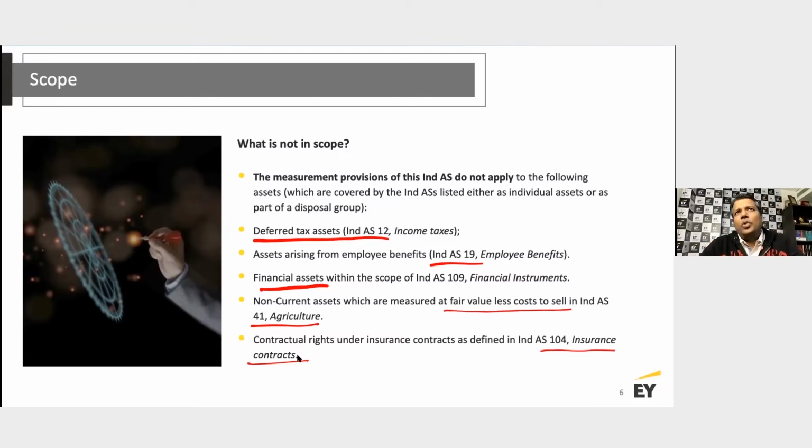The point I'm trying to make here is that if you have a specific measurement guidance under a specific standard, which is to say Ind AS 12 for deferred taxes, Ind AS 19 for employee benefits, Ind AS 109 for financial assets, Ind AS 104 for insurance contracts and Ind AS 41 for agriculture related items, for all of that you don't need to follow the measurement principles of Ind AS 105 as far as it relates to the disposal group, or the assets which are forming part of the disposal group.